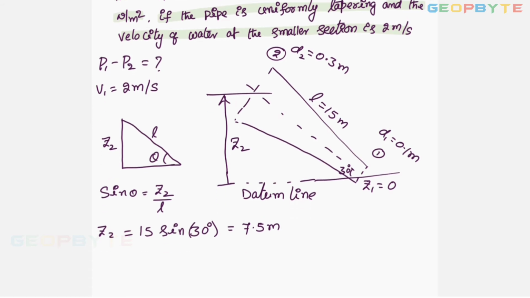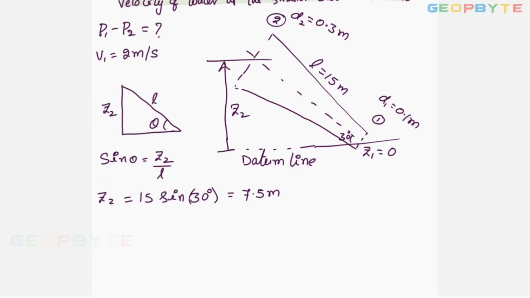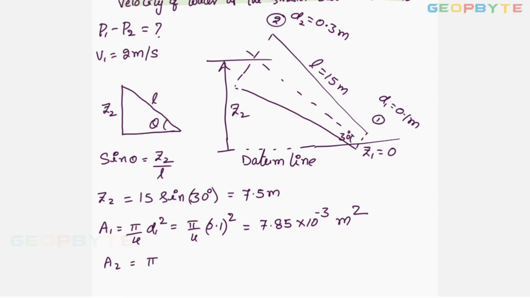First let us decide the areas at state 1 and state 2. A1 equal to pi by 4 into d1 square. Pi by 4 into 0.1 whole square. Simplify this value to get 7.85 into 10 power minus 3 meter square. Similarly, A2 equal to pi by 4 into d2 square.